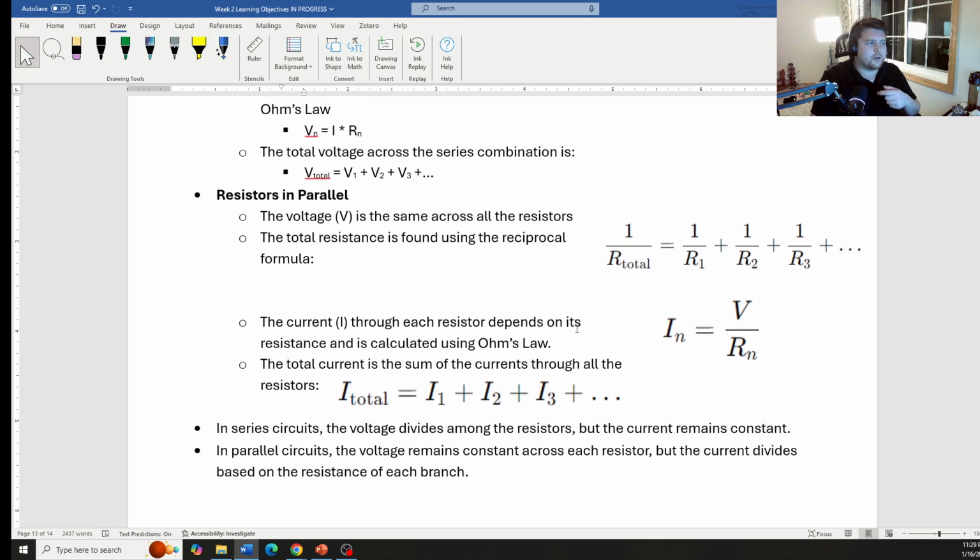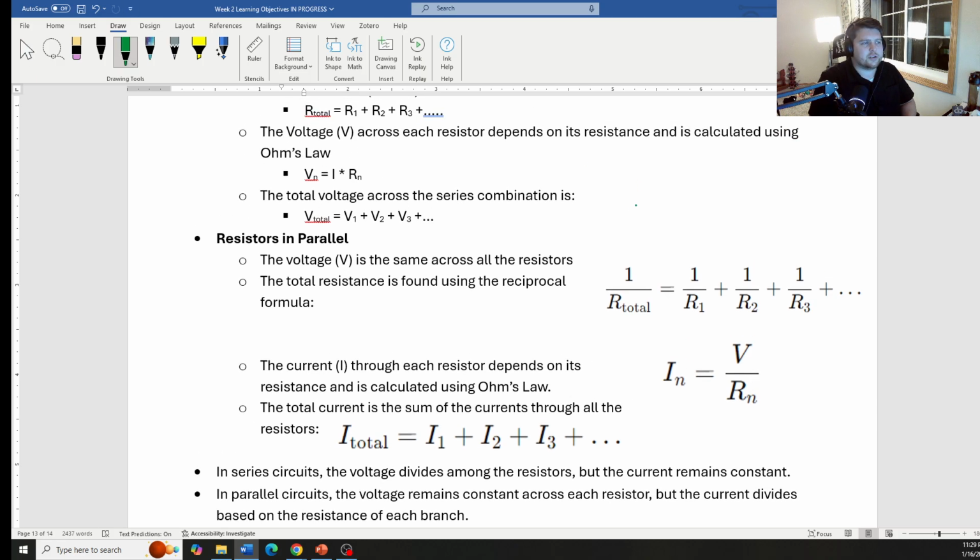Resistors in parallel, very, very similar process. The main difference is that the voltage is the same across all the resistors. Then the total resistance is found using what's called the reciprocal formula. Resistors in parallel look like this, where these wires break off and the resistors are in parallel and they come back together and keep going.